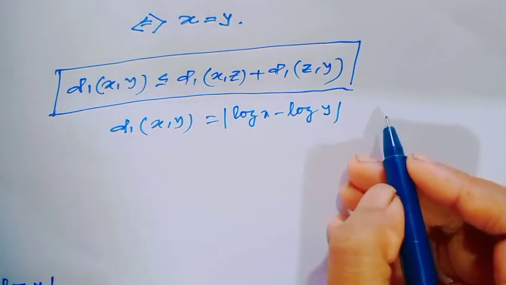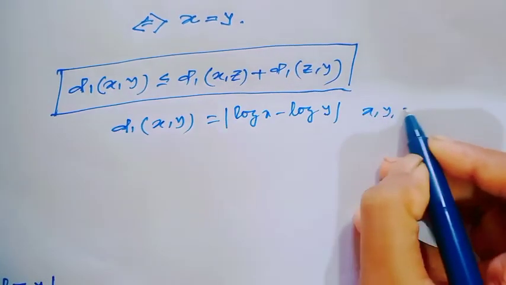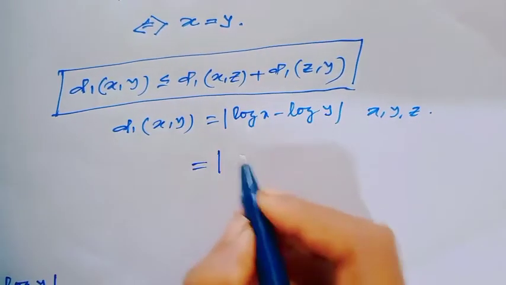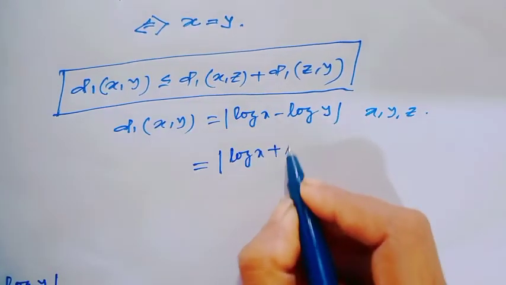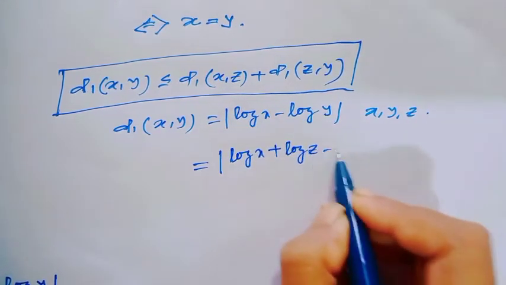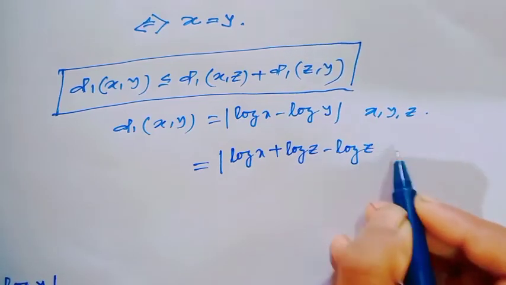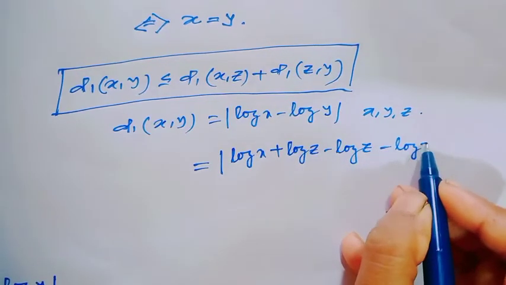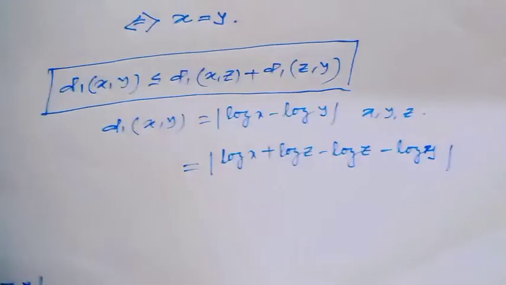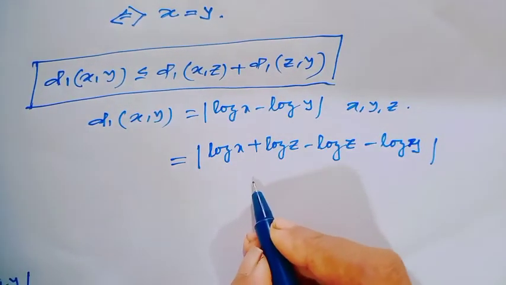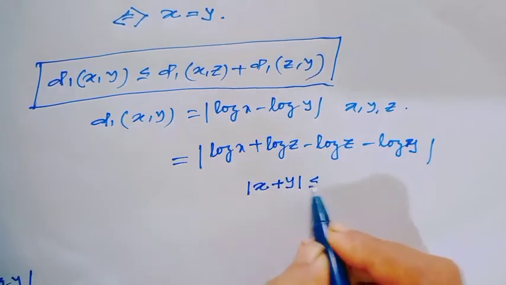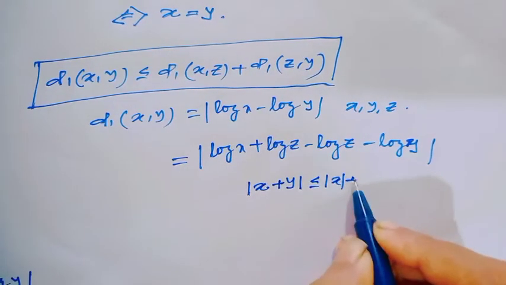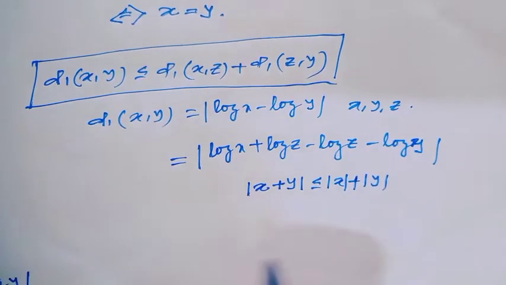And consider three points x, y, z. Then we can write this as absolute value of log x minus log z plus log z minus log y. And all of us know by the triangle inequality we can write absolute value of x plus y is less than or equal to absolute value of x plus absolute value of y.